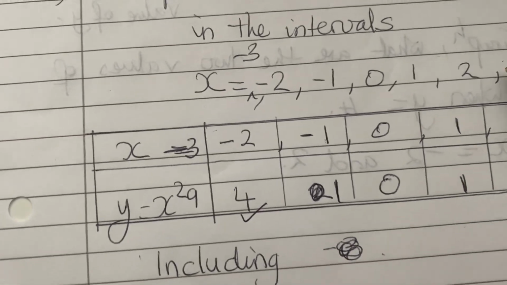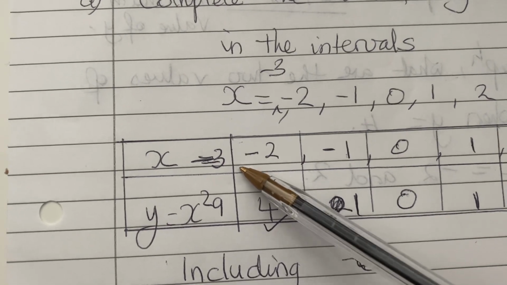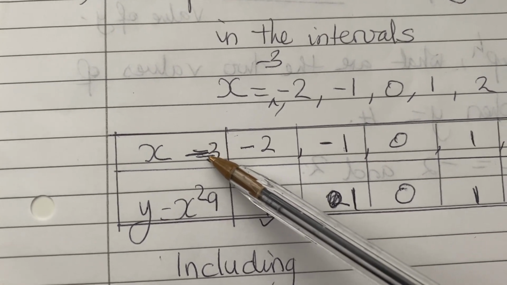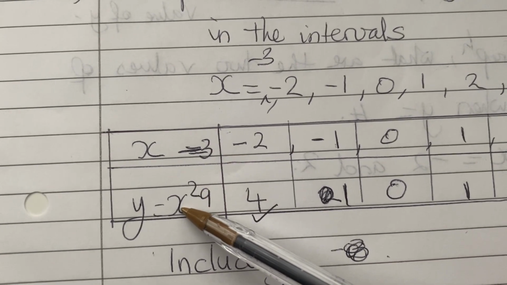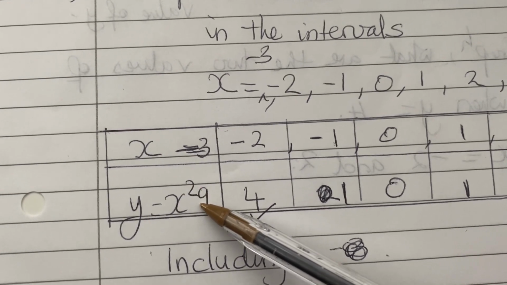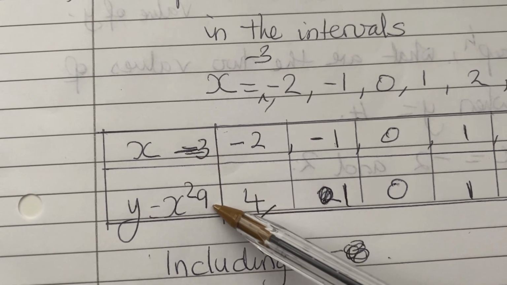Okay, so I'm going to use the table format. -3. So if x is -3, x squared will be 9, because -3 times -3 will be 9.